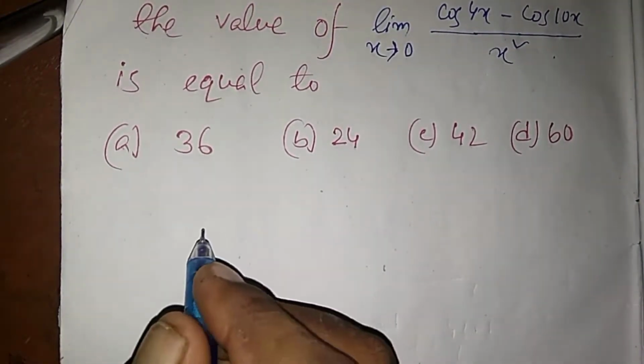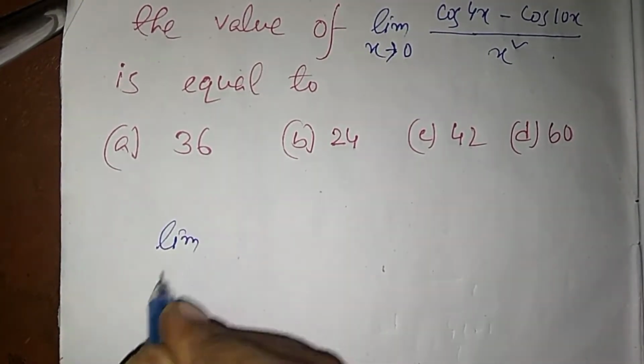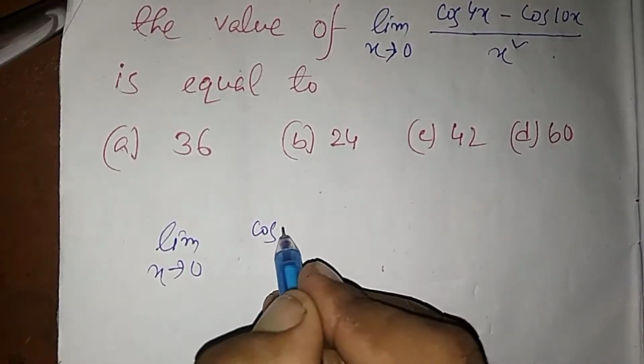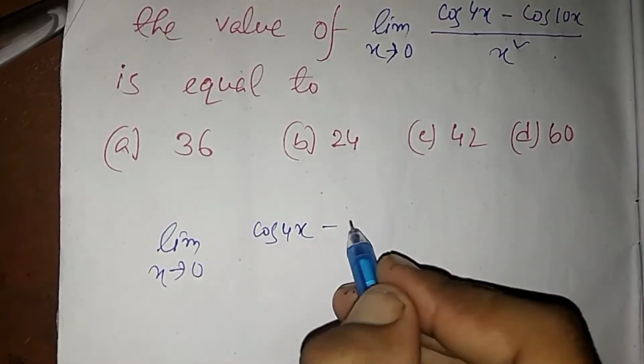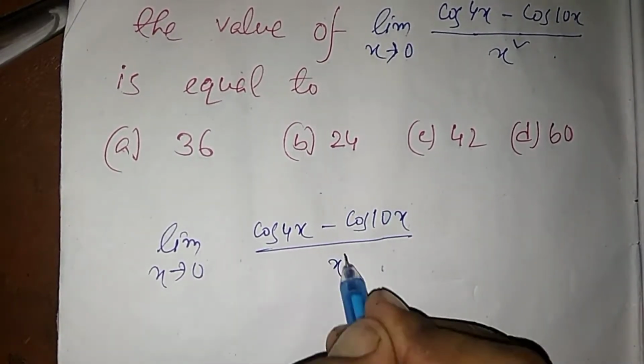Firstly, I draw here the limit as x tends to 0 of (cos 4x minus cos 10x) upon x squared.